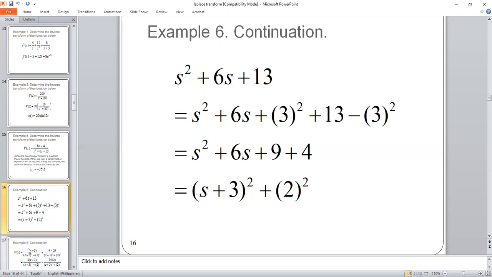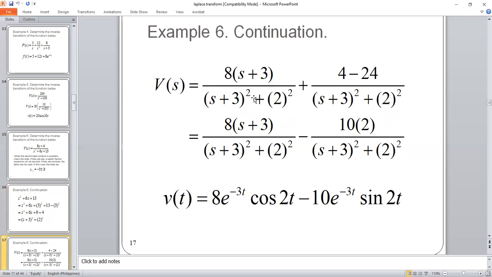Now after that, since you already completed the square of the denominator, make sure that the shifting that appears in the denominator, let's say this is your denominator, never mind the second fraction for now, is s plus 3. You have no choice but to reflect the same shifting in the numerator.